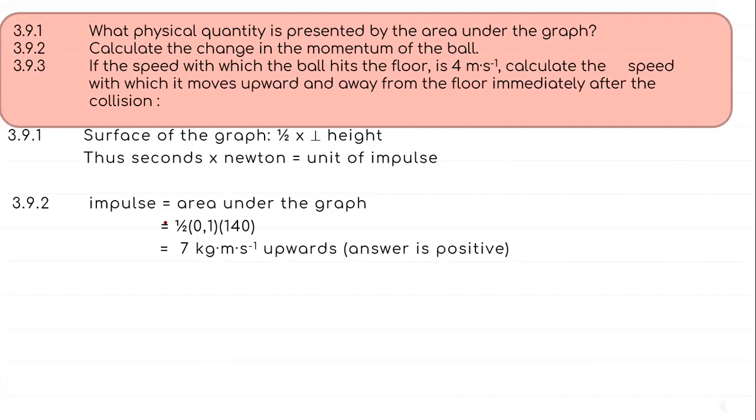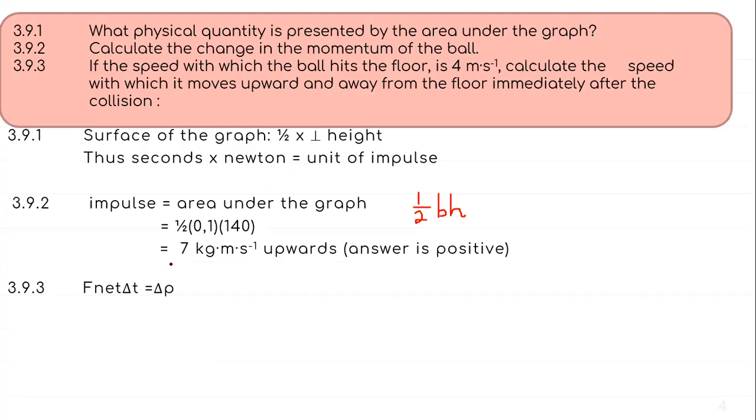Now, impulse is the area under the graph, and we can see that the area under the graph is given by that shape, which is the shape of a triangle. We know the area of a triangle is given by half multiplied by the base and multiplied by the height.